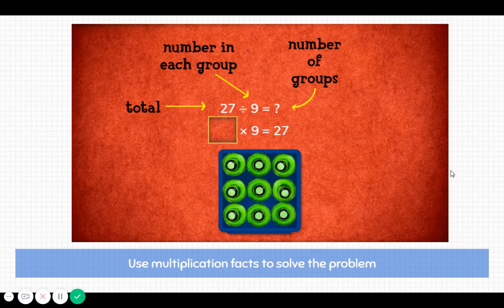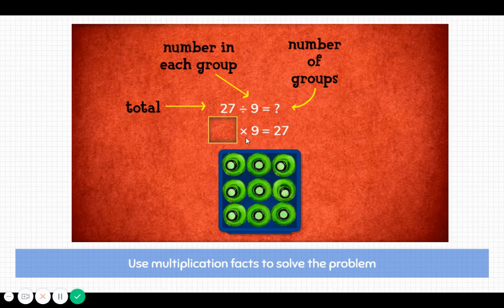Now, I know from the relationship of multiplication and division that I can flip this and have the total, use the multiplication symbol, and say, okay, now I'm going to multiply one number that is unknown to me, times 9, and that should equal a product of 27. So that number that I'm going to find is also going to be the number that I get for the quotient.